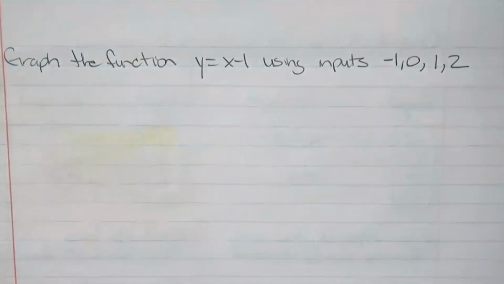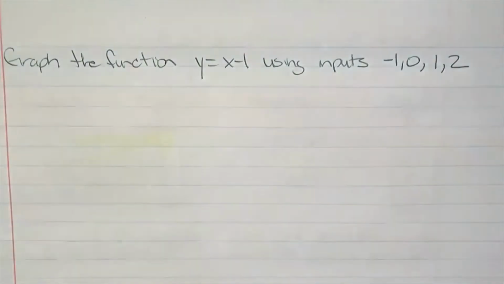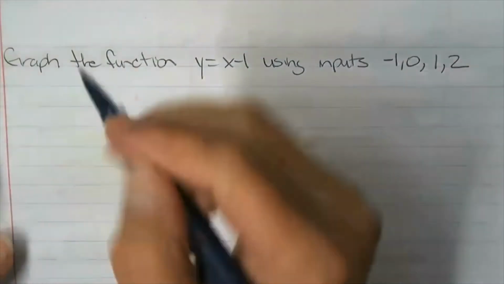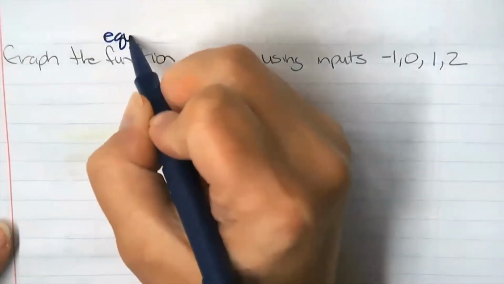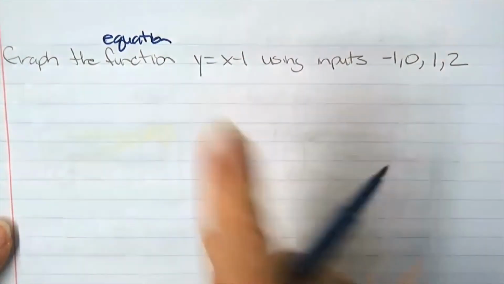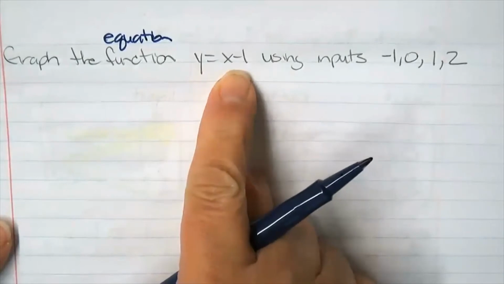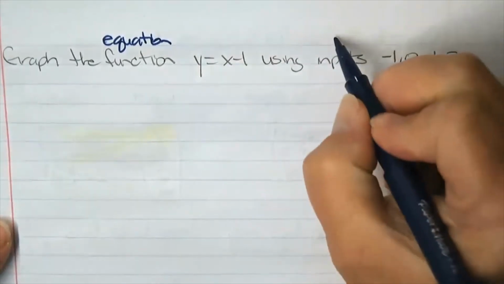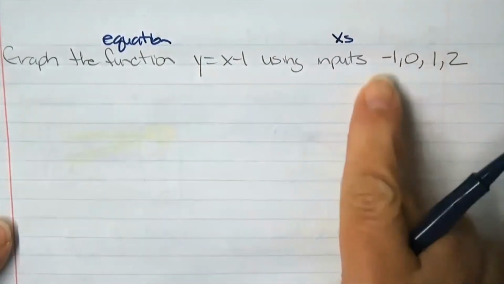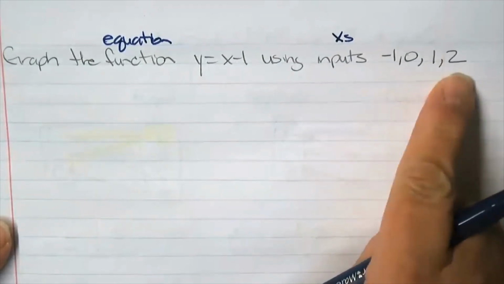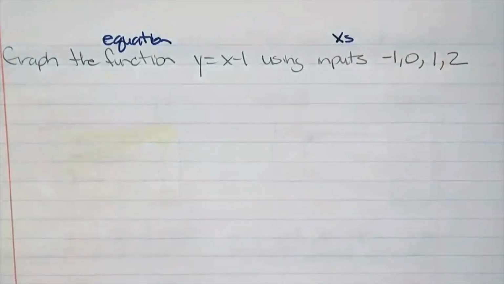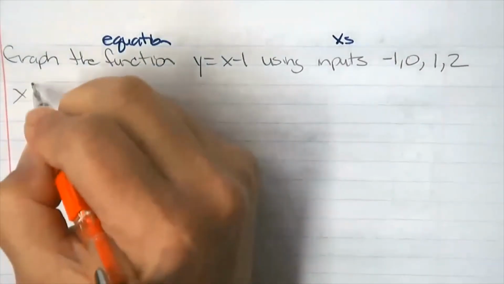So when I look at these directions, we can kind of say, graph the equation y equals x minus 1 using x's -1, 0, 1, and 2. You guys have seen this. We need to create a table.